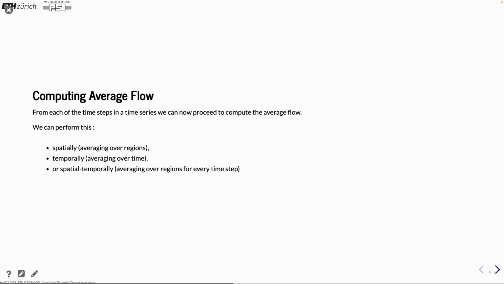Another thing we want to look at is how to compute average flow, because when we have this time series data, we usually have too much data. We want to do some kind of averaging to reduce it a bit, and we can do this both spatially and temporally, and of course spatio-temporally as a combination of the two.